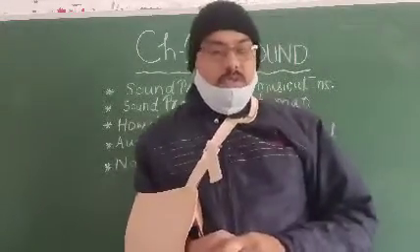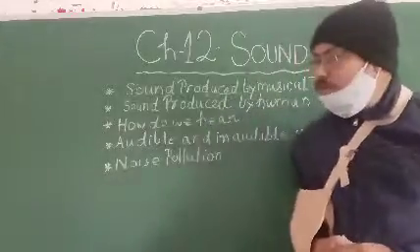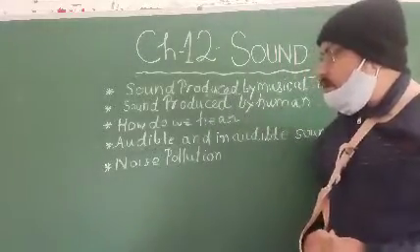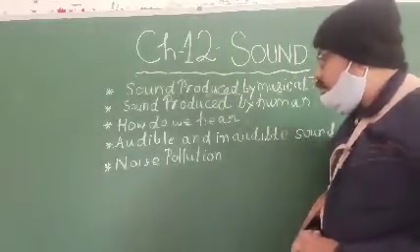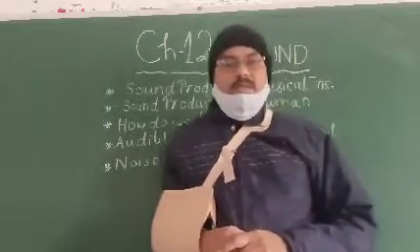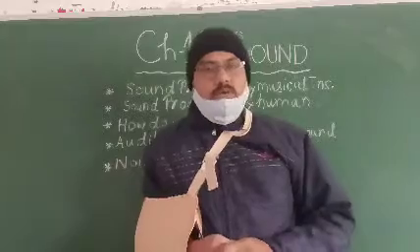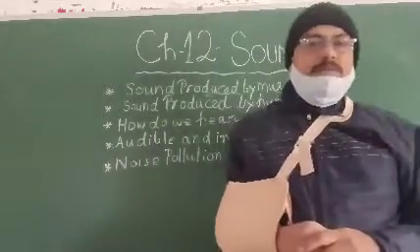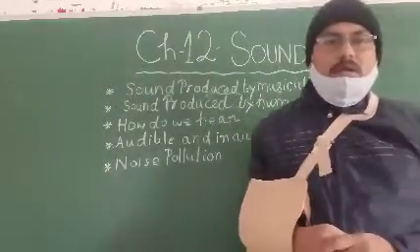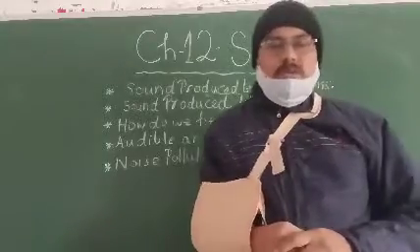Now students, there are two different types of sound: audible sound and inaudible sound. If the sound frequency is too low or too high, then the sound will not be clear to us.